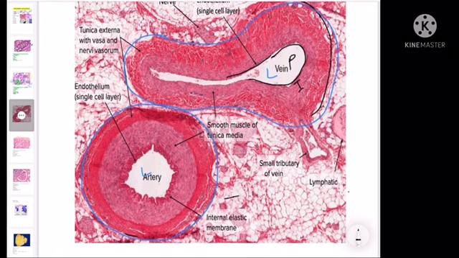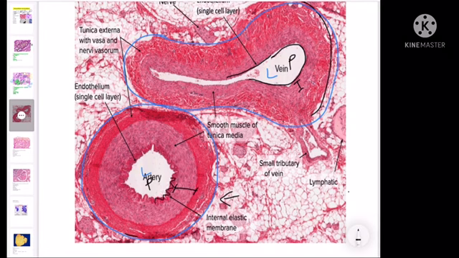While if you compare this one, you see a thick layer of smooth muscle and high pressure inside. That's why arteries are circular and keep their architecture. Now let's see the components.